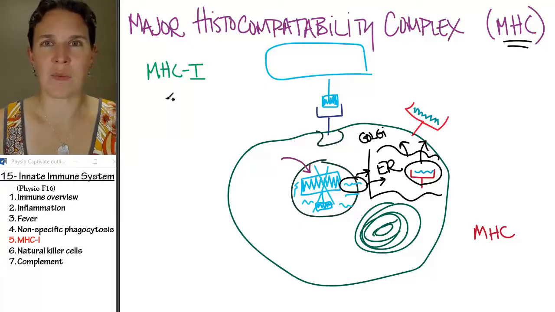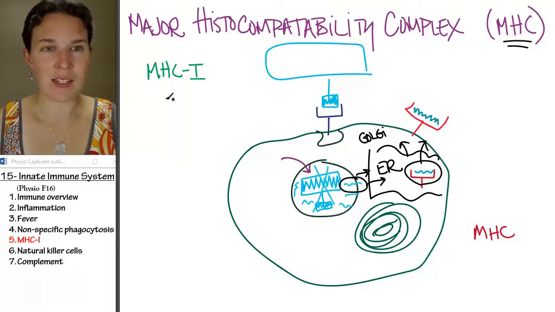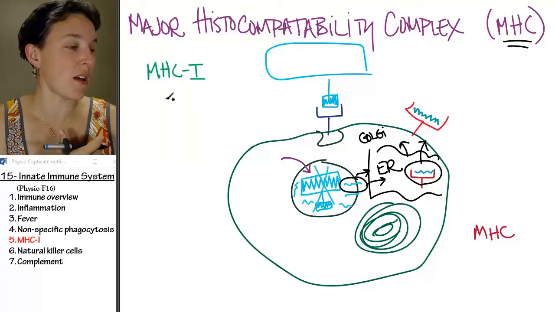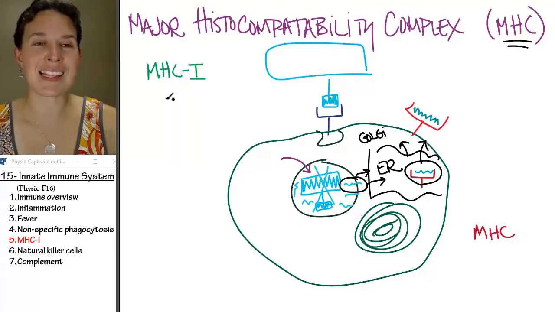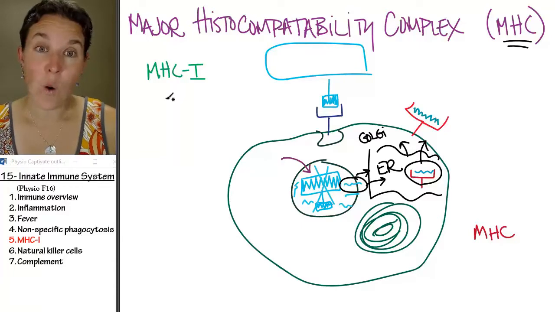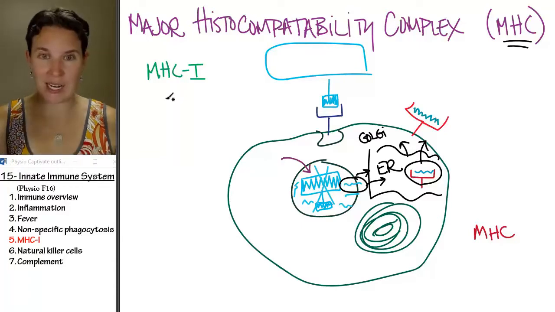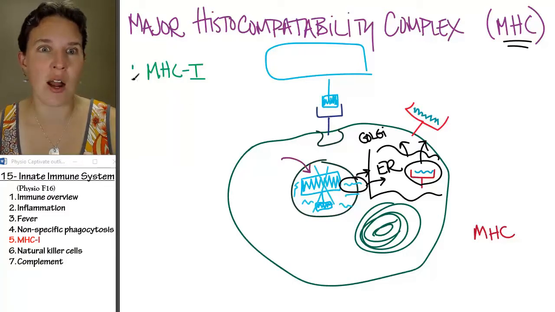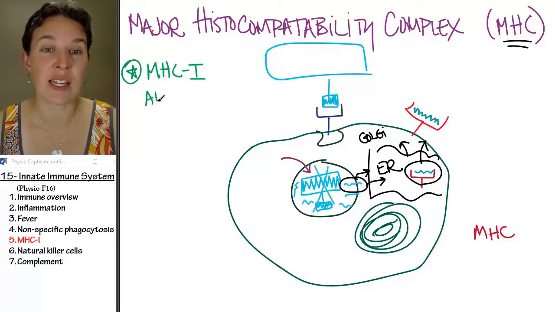No. Why can't we trade? Because my body's going to straight up stone cold reject your arm if I try to sew it on there, and your body's going to do the same to mine, unless we're super related to each other, or we've gone through all this testing and we find that we have a lot of similarities in our MHC platforms.